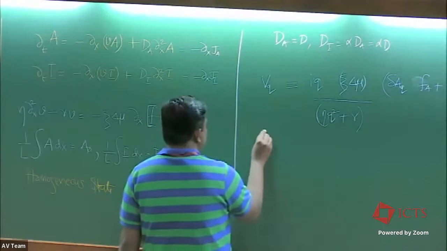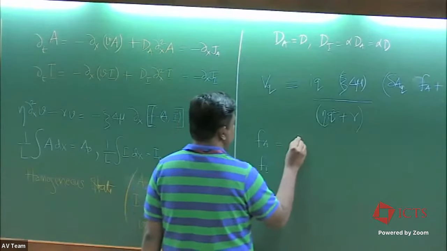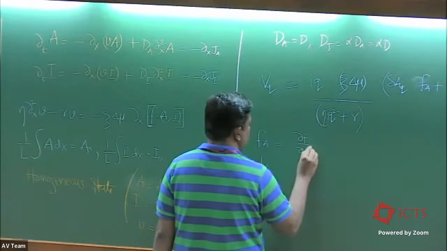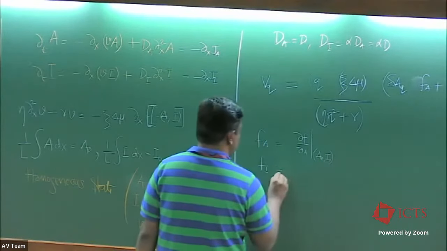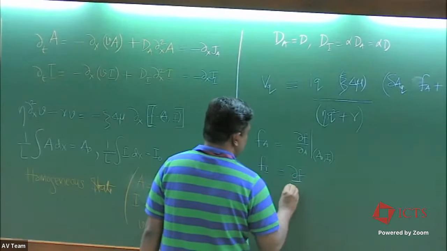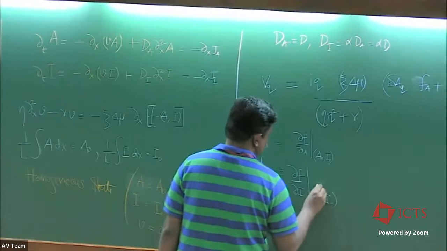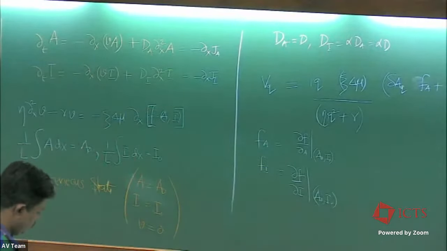So F_A and F_I are basically the derivatives of the stress regulation function at A naught, I naught. Sorry, but whatever is written after F_A plus isn't visible.